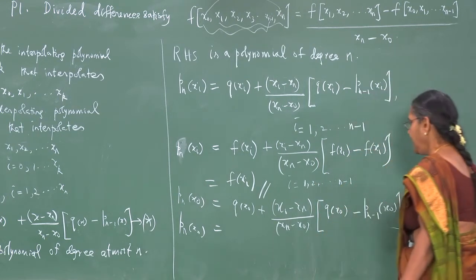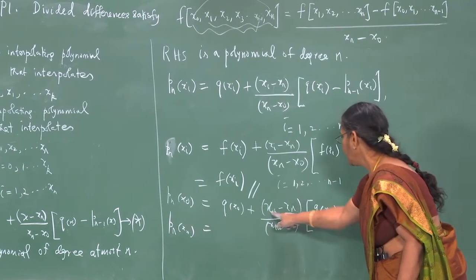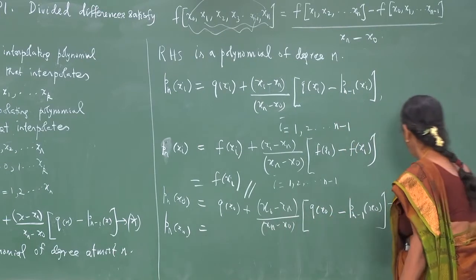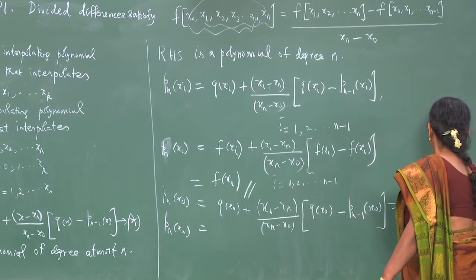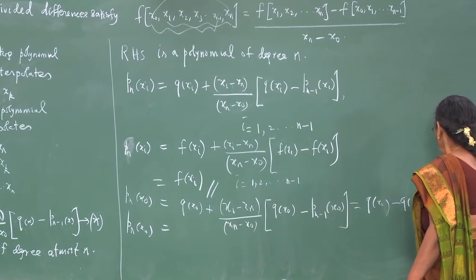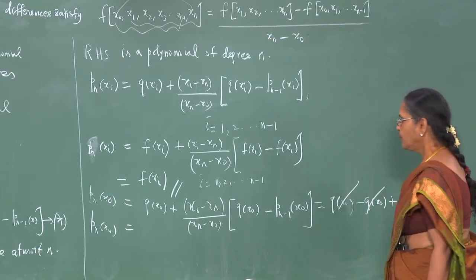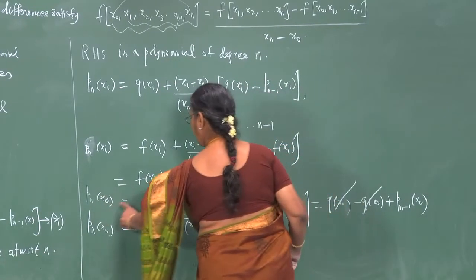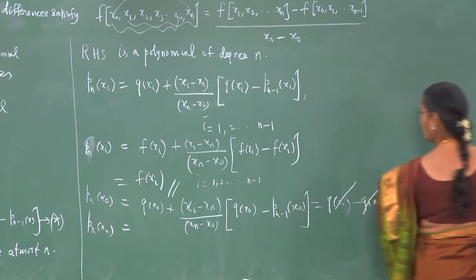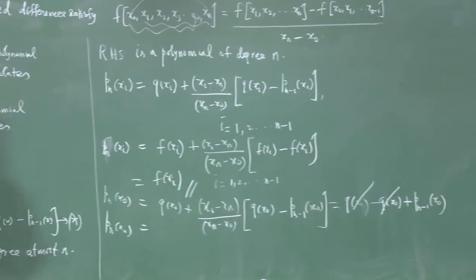So, that will be equal to q of x0, first term (x0 minus xn) by (xn minus x0). So, the first term will give you q of x0 and the next term will give you plus Pn minus 1 at x0. So, this says Pn of x0 is the same as Pn minus 1 at x0, and let us see what Pn minus 1 does.